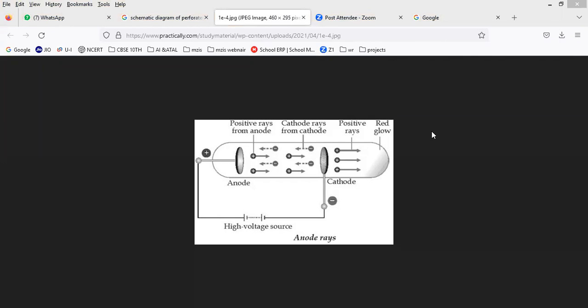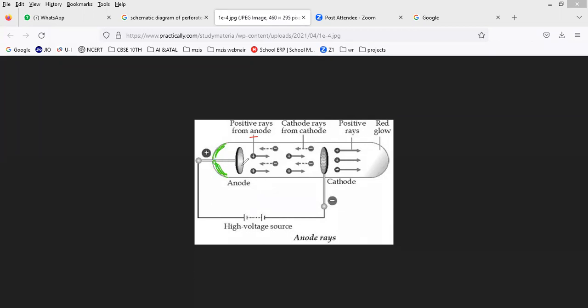Cathode rays come from the cathode, and positive rays come from the anode. Negative charged particles move away from the cathode and form a light greenish blue color coating here.